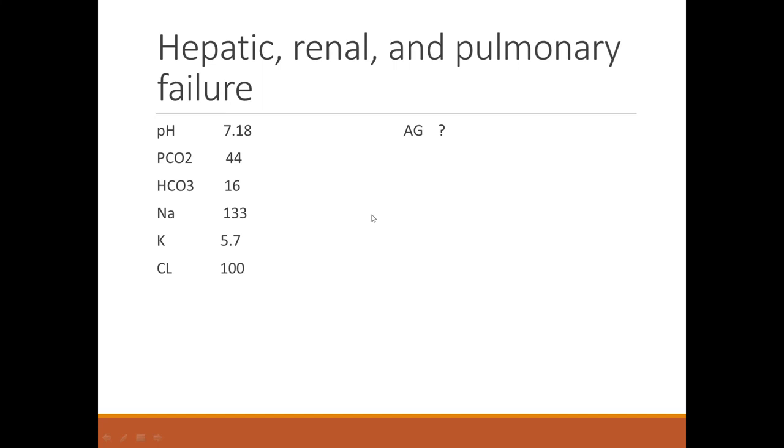Now, a patient with hepatic, renal, and pulmonary failure, three are involved, and this is the blood gases. And see what is the anion gap. Anion gap is 17. What is the diagnosis? High anion gap metabolic acidosis with respiratory acidosis. So, why do we say that? Again, the anion gap is obviously more, and along with that, the respiratory acidosis, you can see the blood pH 7.18, and PCO2 is also more than 40, but a little bit more than 40.